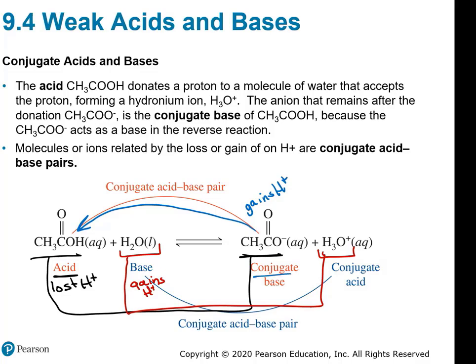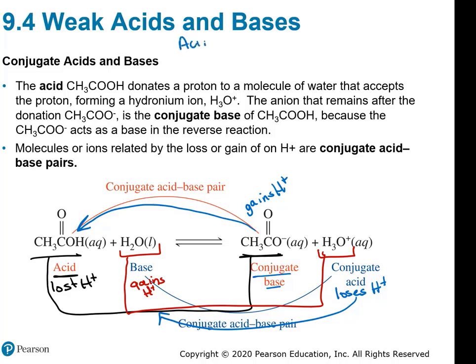So notice in this, the conjugates are on the product side. The conjugate base is the product that gains the hydrogen ion. The conjugate acid is the product that loses it. So if I go in the opposite direction, do you see that this loses its hydrogen ion when it reforms water? So in the reverse, as well as the forward, you can identify an acid and a base pair. But here's the kicker thing to remember.